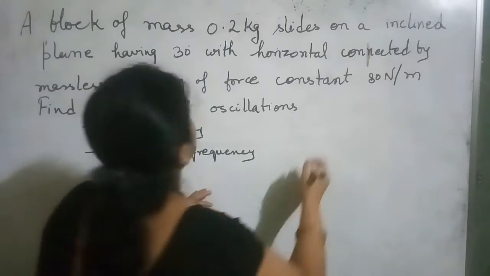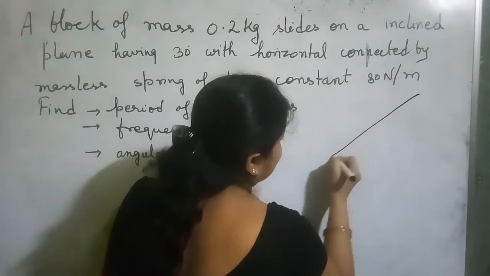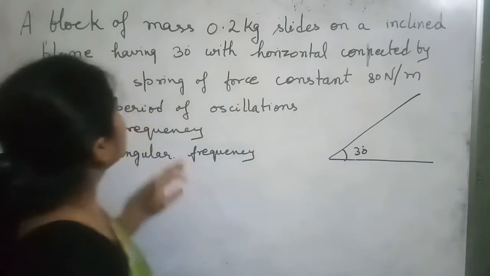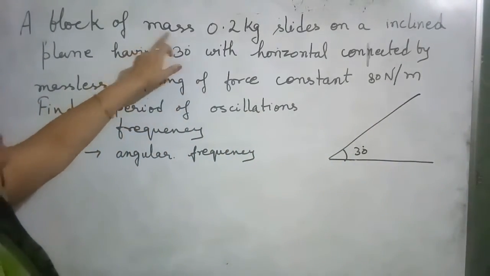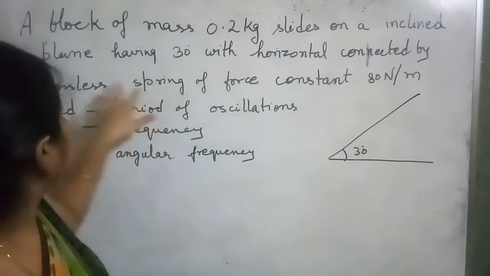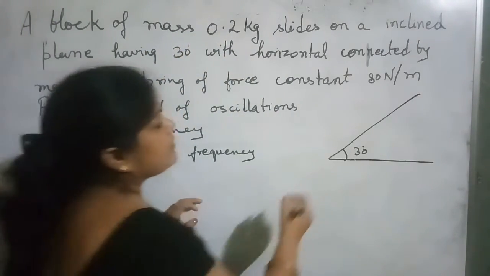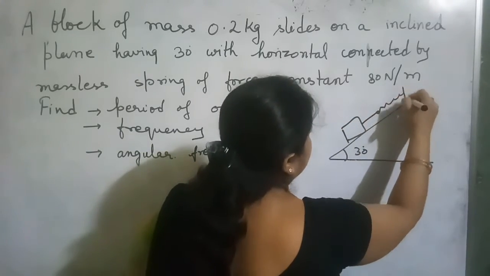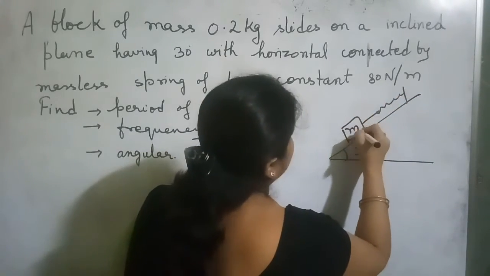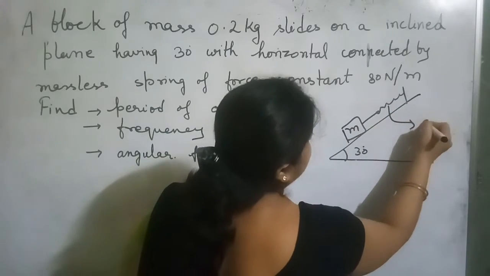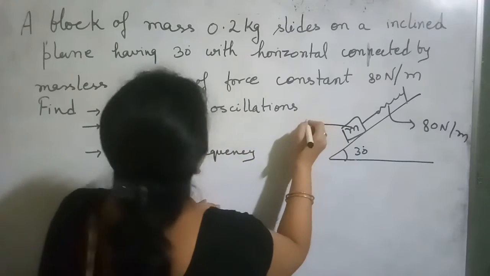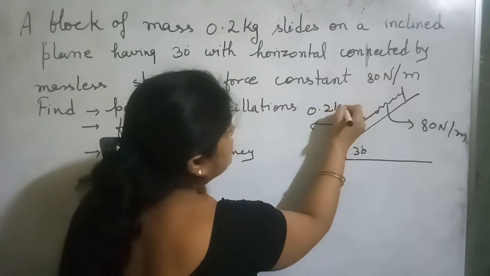Now it is given that there is an inclined plane making an angle of 30 degree and a block of mass is connected with a massless spring having force constant 80 Newton per meter and having mass equal to 0.2 kg.